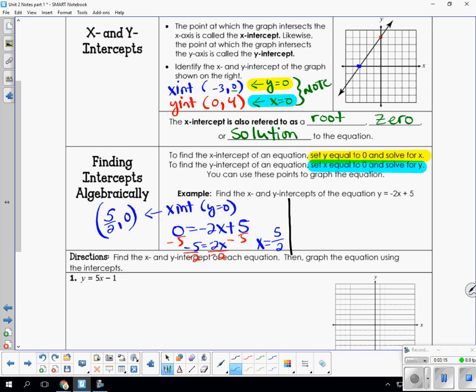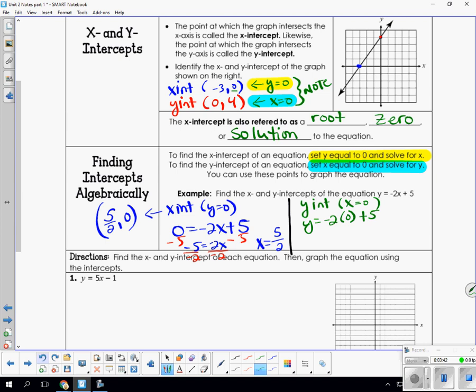All right, let's find the y-intercept. Remember, when we find our y-intercept, we're going to take our x value and set it equal to 0. So let's do that. We have y equals -2 times 0 plus 5.